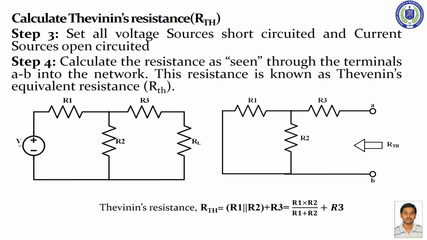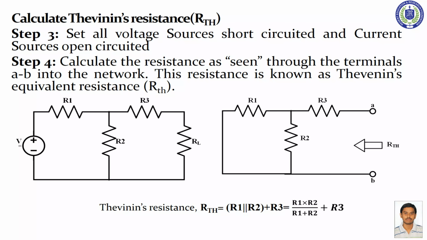So we calculate the Thevenin's resistance. In the first step of calculation of Thevenin's resistance, if a voltage source is present, this source is removed by short circuiting it, that is, replaced by its internal resistance.